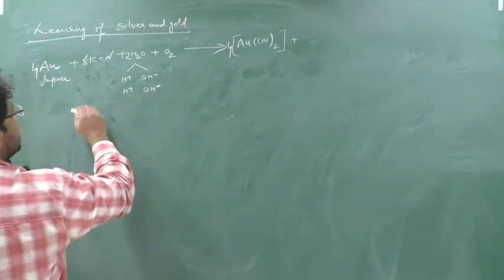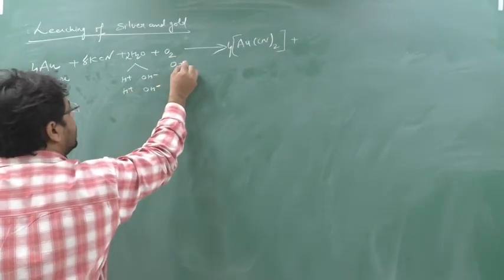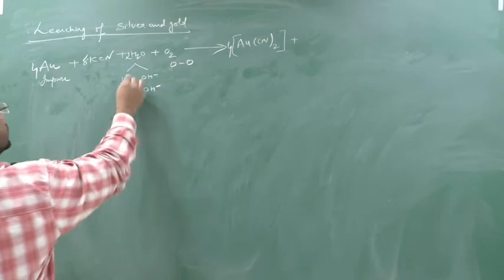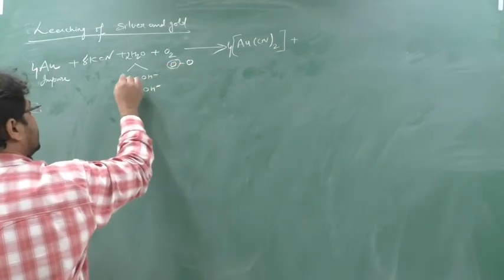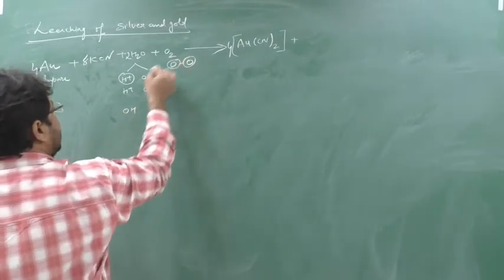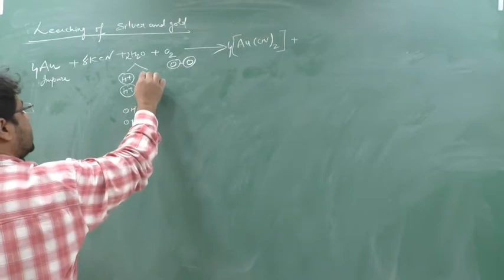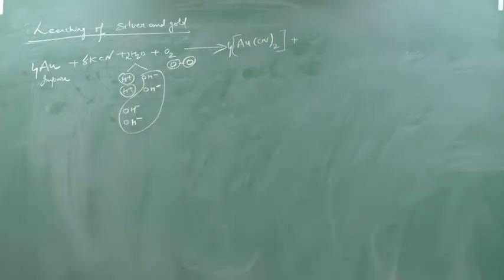Now see here. This O, again I can split into O and O. Yes or no? So this H plus and this O will form OH. This O and this H will form OH. Now totally how many OH did I form? Totally I formed 4 OH.